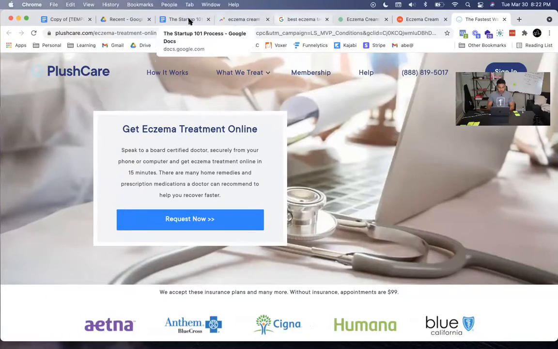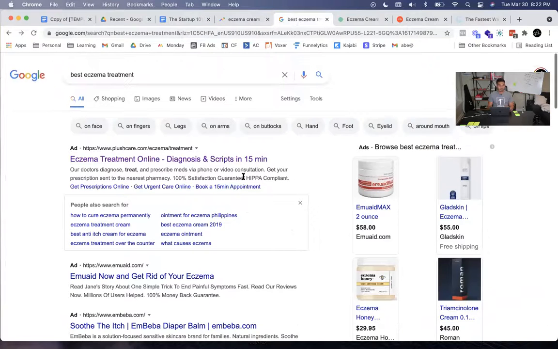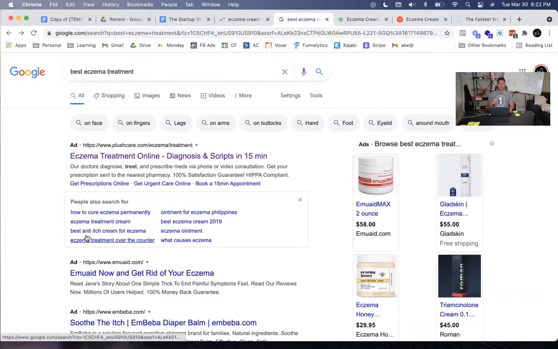What else do we have here? The next thing we want to do is Facebook ads. Okay, this is selling on social. Why is this important? The reason is that advertising on Google is significantly more expensive than advertising on, say, Facebook or Instagram. Not to say that Google is not something that you should do.